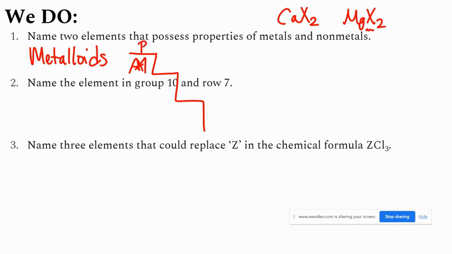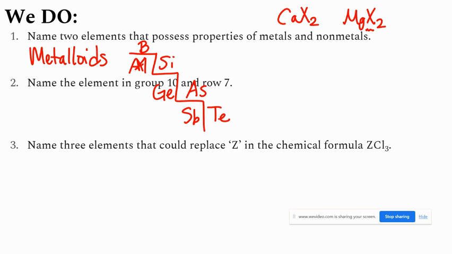Next to aluminum is silicon. Boron is on top. Then we had germanium, and we had As, Te. Next to Te is Sb. So any of those would be the answer to number 1.